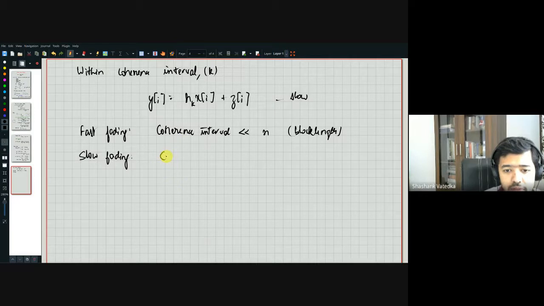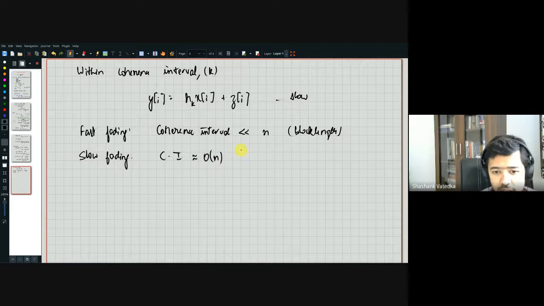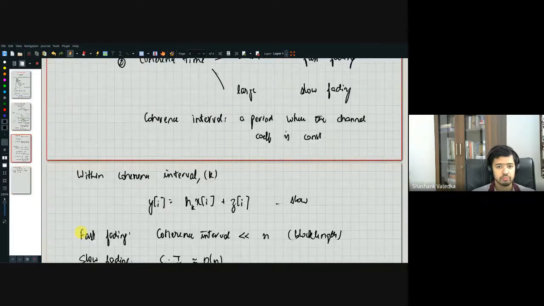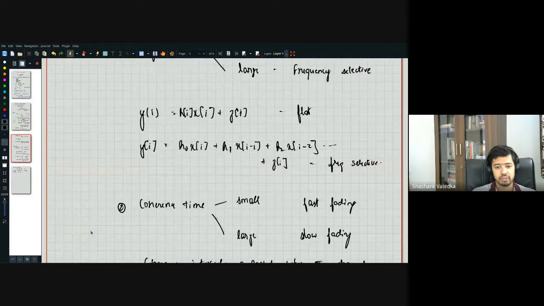Whereas if the coherence interval is comparable to the block length n, maybe it's order n, then we'll say that it is a slow fading channel. So it's a slow fading channel if the coherence time is really large, whereas if the coherence time is much smaller than n, then we'll call it a fast fading channel. Depending on the coherence time, you categorize a fading channel into slow fading or fast fading.